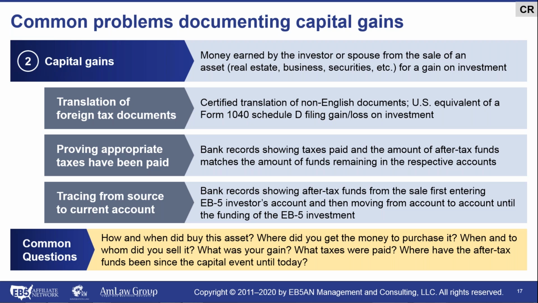And then the seller would go into the safe deposit box, take the cash, and then deposit it presumably into their bank account. So that's very common, and we've never had problems documenting that as long as you explain the situation. More recently, I think people are generally just using wires between the buyers' and sellers' accounts, and so that's much easier to trace from an EB-5 perspective.